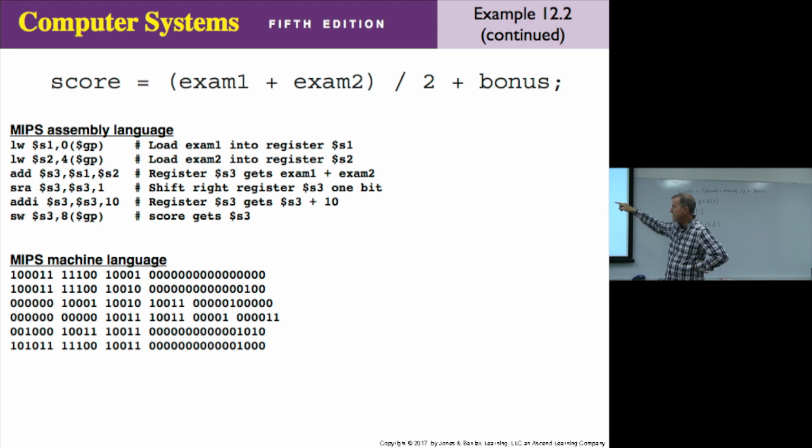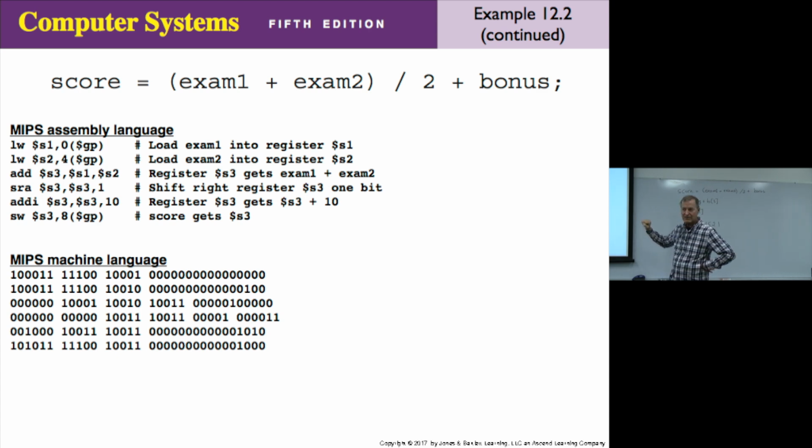And you see the assembly language notation 0 parentheses $GP. The 0 is the offset, and the $GP is the register that the offset is from. And you see that the comments begin with hashtag instead of semicolon like they do in Pep/9 assembly language. What that does is it loads exam 1 into register $S1.